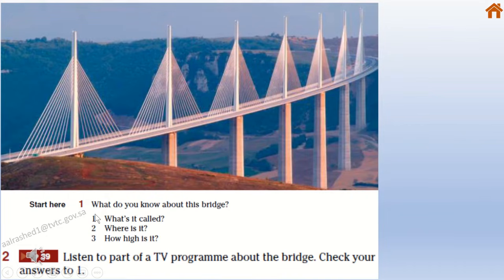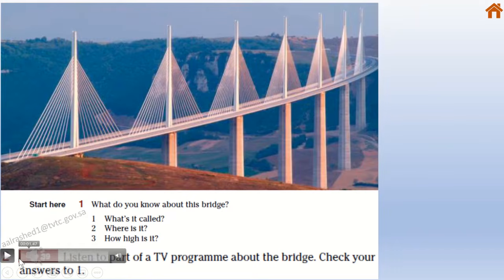So try to answer these questions from 1 to 3 based on the listening. You will hear a recording. Try to identify its name, what it is called, the location, where it is, and finally how high.